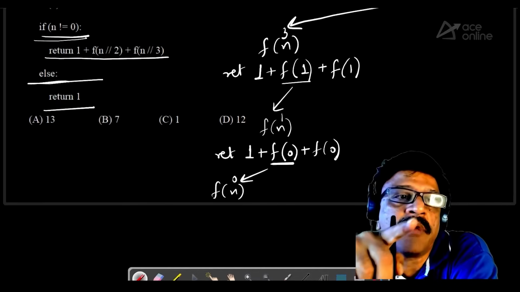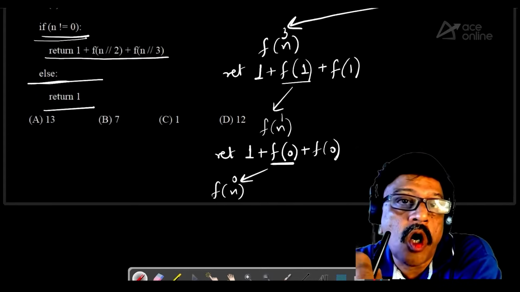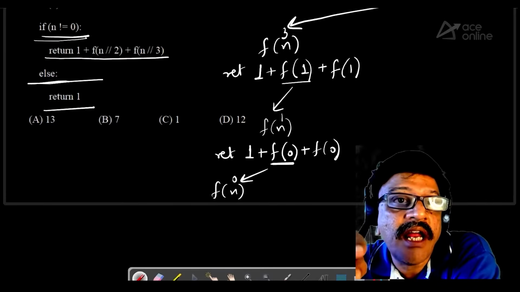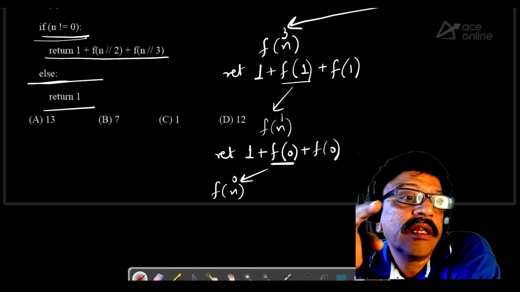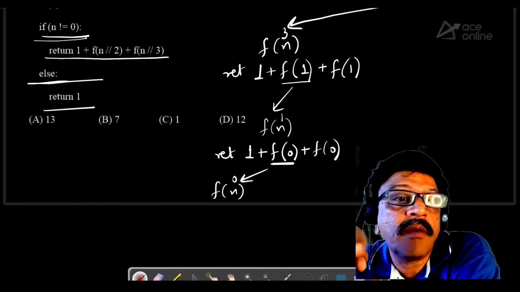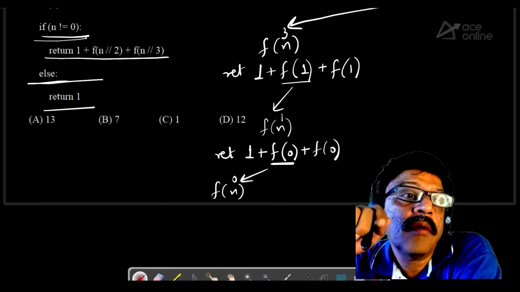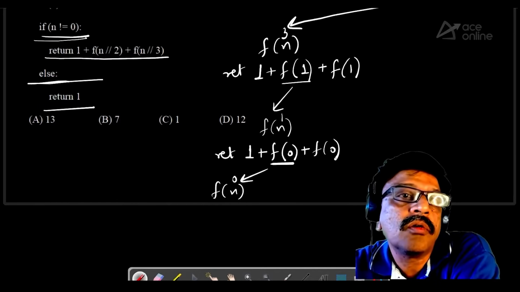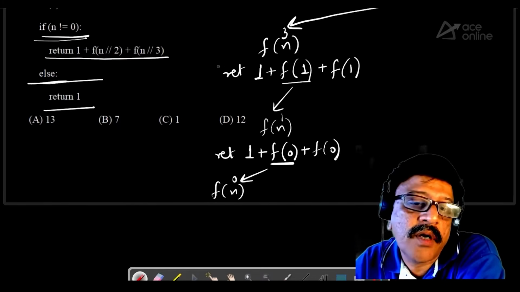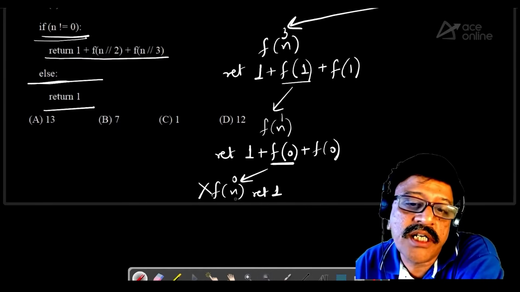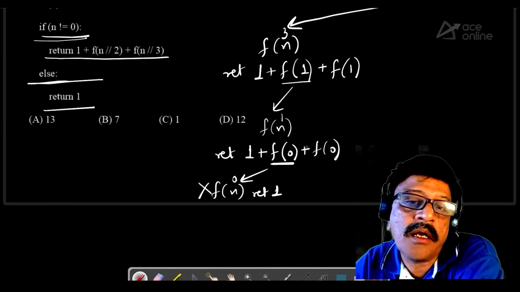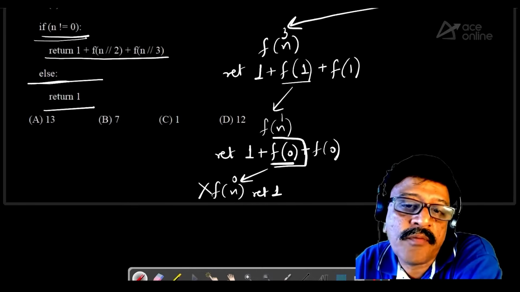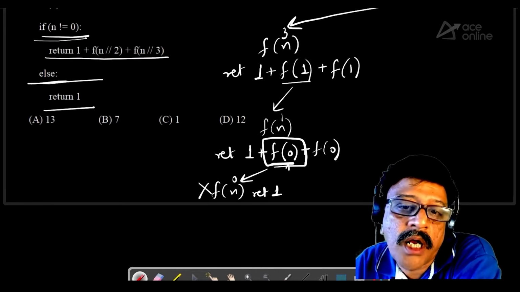That means each time, when the function is called with any value not equal to 0, then return 1 plus f(n/2) plus f(n/3) will run. But when it is called with value 0, then else will run and the function will return 1. So this function ends because it is returning a concrete, primitive value 1. So this f(1) call to f(0) has got evaluated to 1.